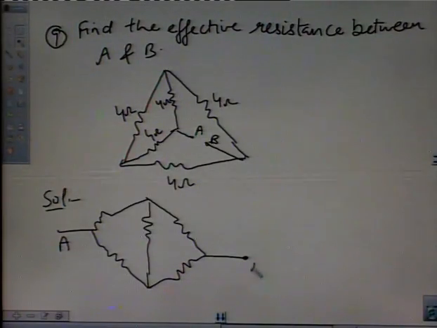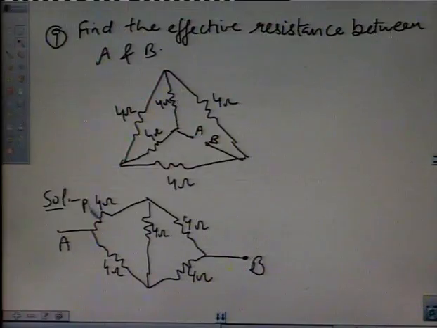We have taken these points A and B outside the circuit, so we can clearly see the resistances. Now in this circuit we can see the ratio of these resistances.